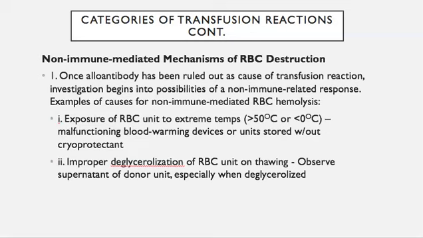Could be due to maybe a malfunctioning blood warming device or units that are stored without cryoprotectants. Improper deglycerolization of the red cell units on thawing, and we get a little bit more into that in the last lecture in this unit when we talk about blood products and the components.